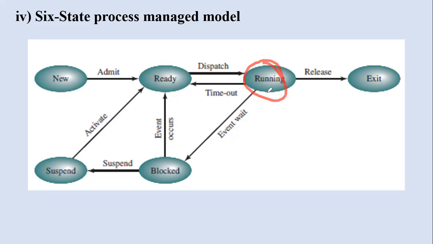If the process makes a request for an entry which is not currently available, like an entry from the user, that process will be put into blocked state. And remember, blocked state is a state where a process has been removed from the processor and put in the device queue or blocked queue, waiting for an event to occur. If that event occurs, then that process is taken again to the ready state and the process repeats.